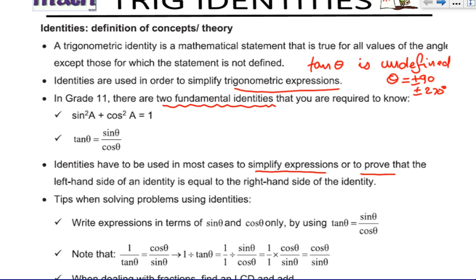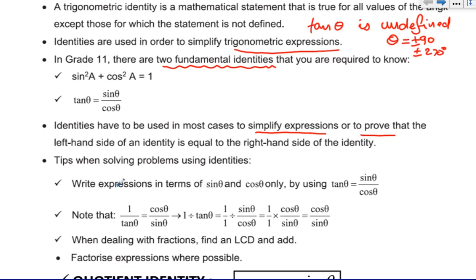Tips when solving problems using identities. Firstly, write the expression in terms of sine and cos only, by using tan theta is equal to sine theta over cos theta. Very, very important. Another useful fact is that 1 over tan is actually cos theta over sine theta.